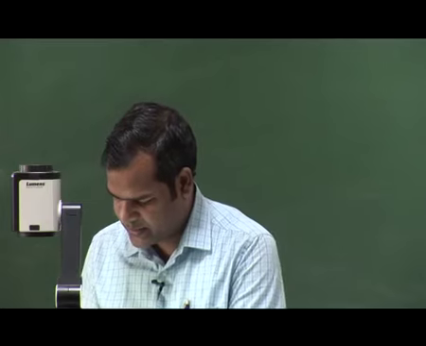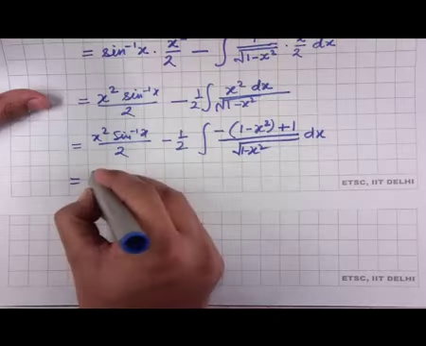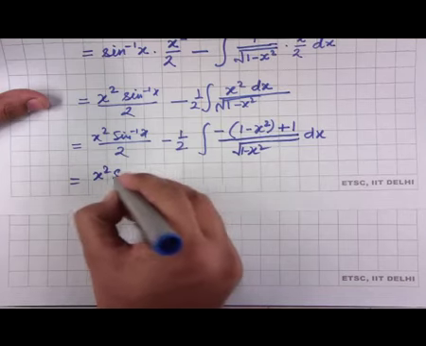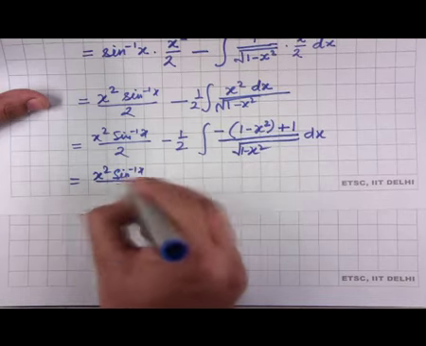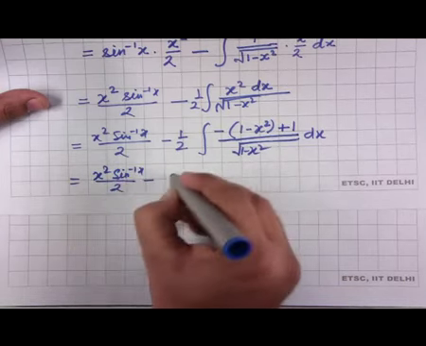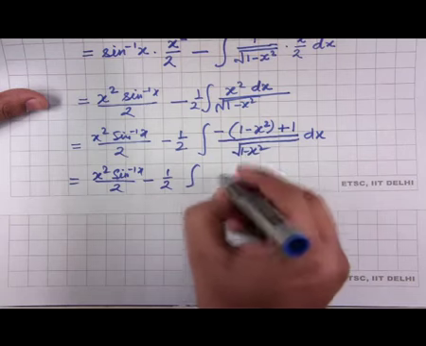This I can further write as x square sine inverse x by 2 minus 1 half. This integral will be broken into two parts using the linearity property.